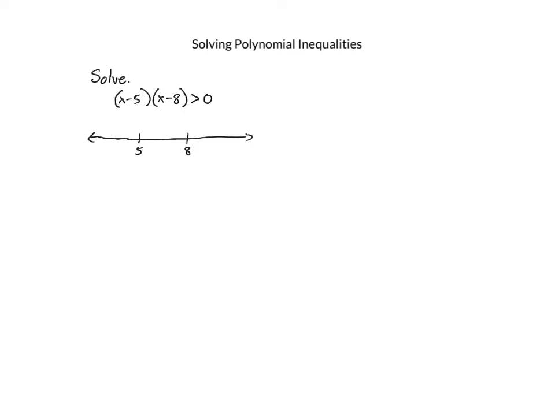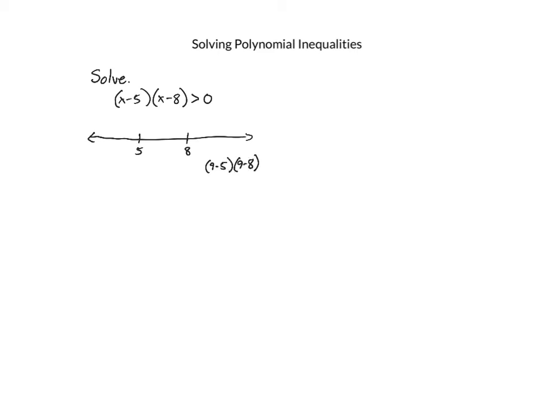Now, our job is to determine within each interval whether those numbers would make the product positive or negative, because they will all do the same thing. So, for example, if we choose in the interval to the right of 8, we choose the number 9. If you pop 9 into the product, you'll have 9 minus 5 times 9 minus 8.